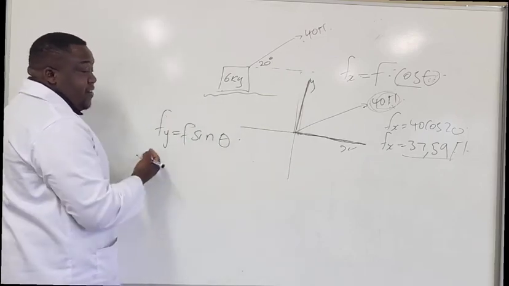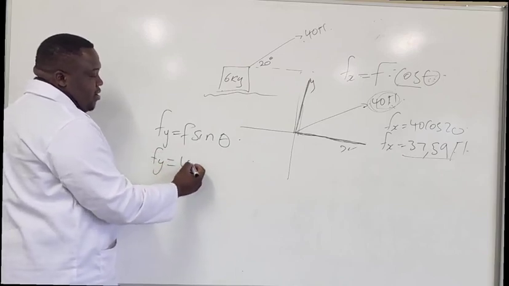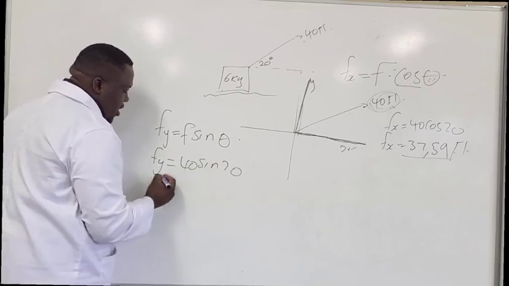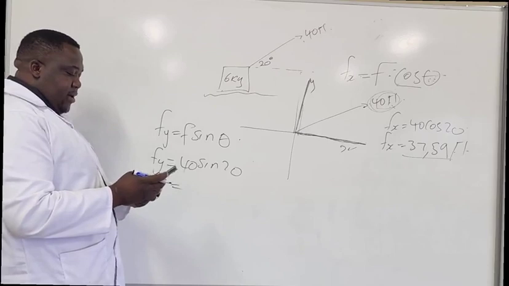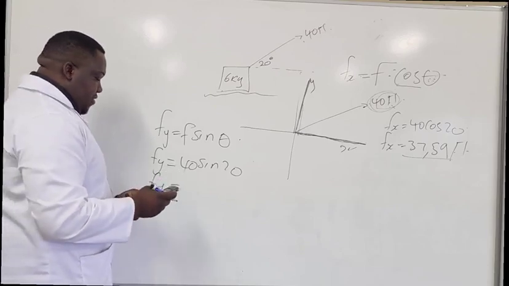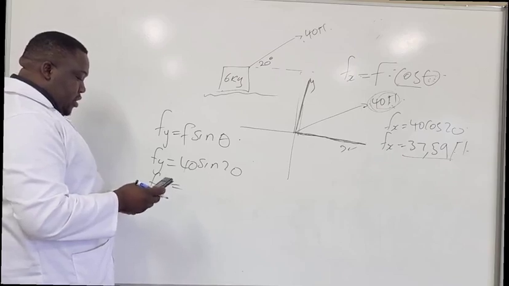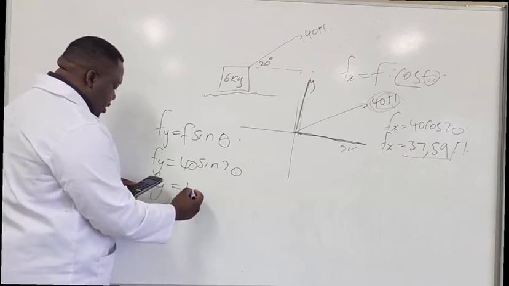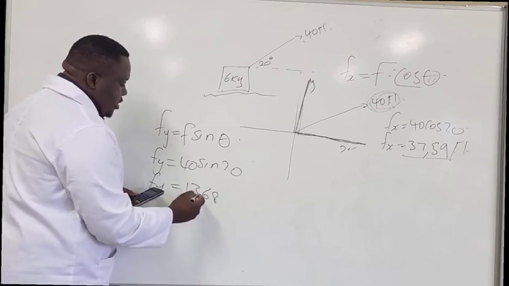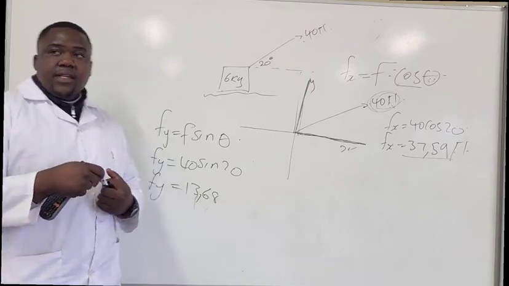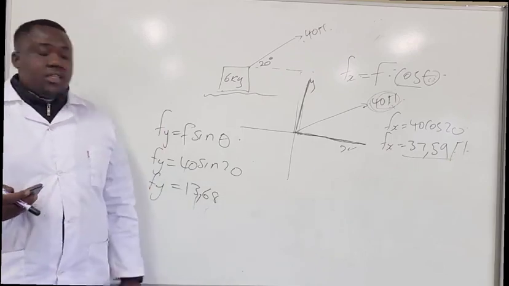So the y component for that one, Fy, is going to be 40 multiplied by sine 20, which will give us 13,68.